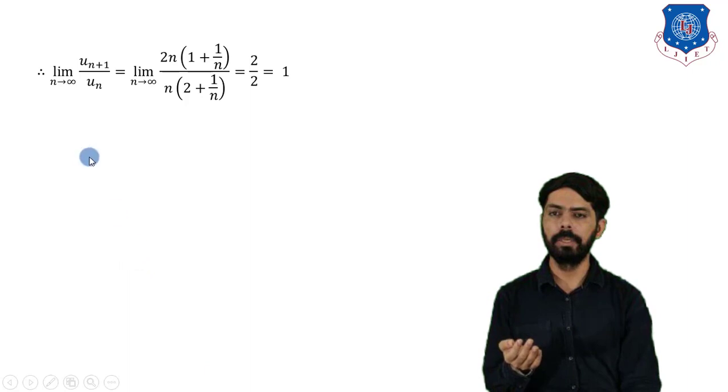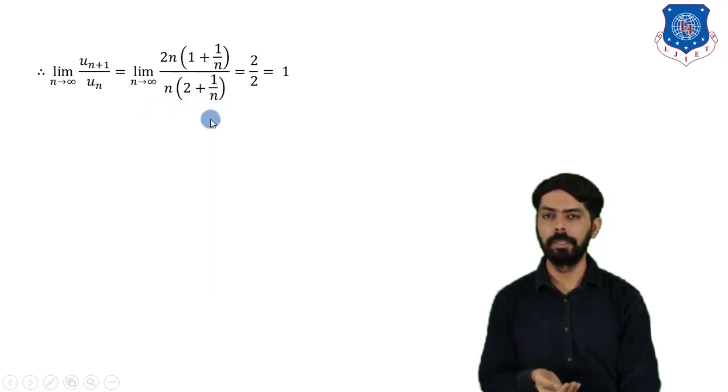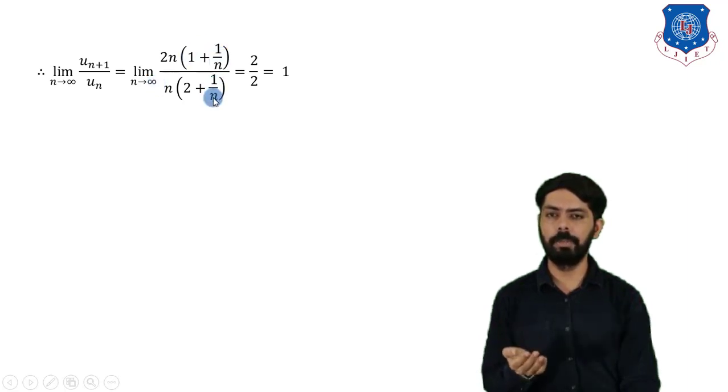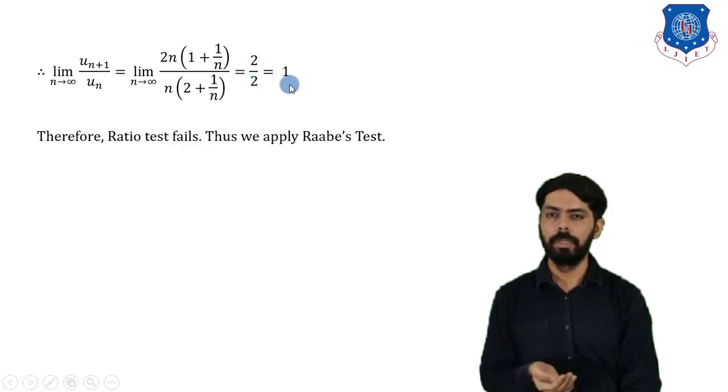So it will be limit n tends to infinity u_(n+1) divided by u_n is equal to limit n tends to infinity 2n into (1 + 1/n) whole divided by n into (2 + 1/n). Now we will replace n by infinity, so here 1 divided by infinity will be 0, same way here 1 divided by infinity will be 0, and here n cancels out. So here it will be 2 divided by 2, so that will be 1.